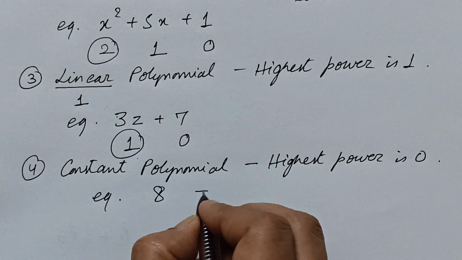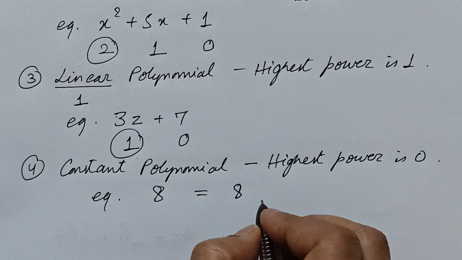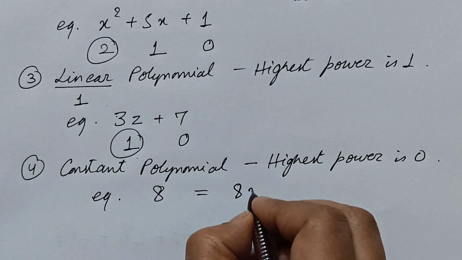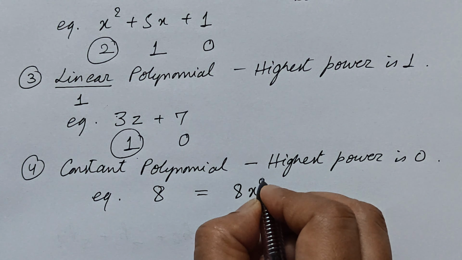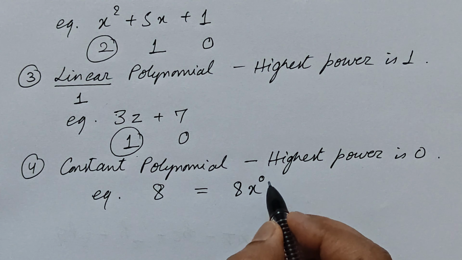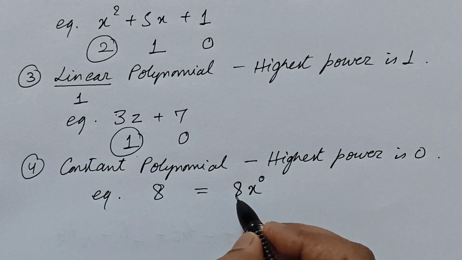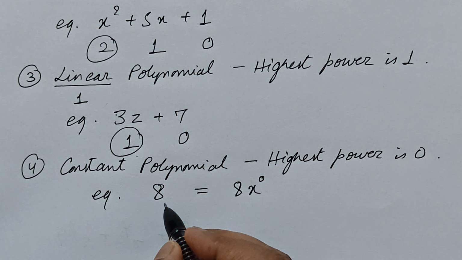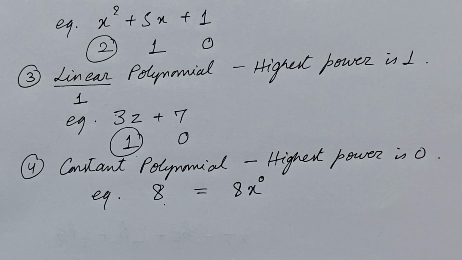How? We can write 8 with any variable, like x raised to 0, right? Because x raised to 0 is 1, so 1 into 8 is 8. So any number, any constant term, if it is written, is a constant polynomial.